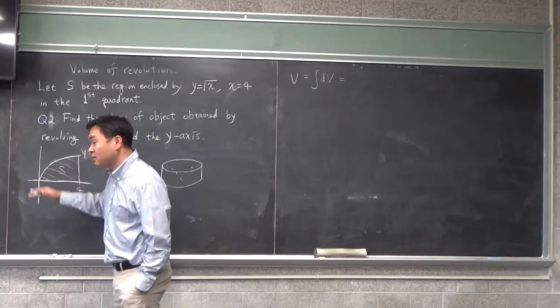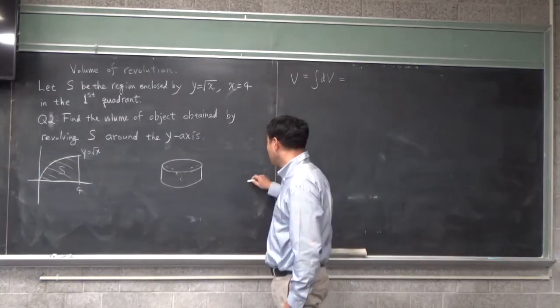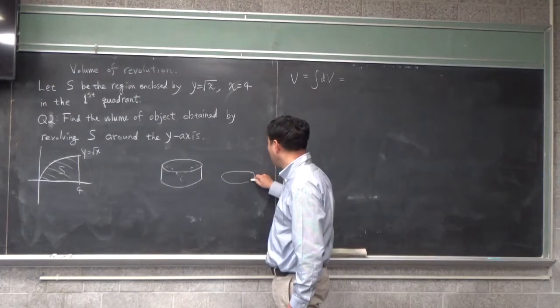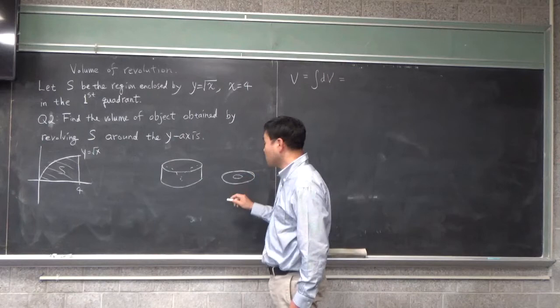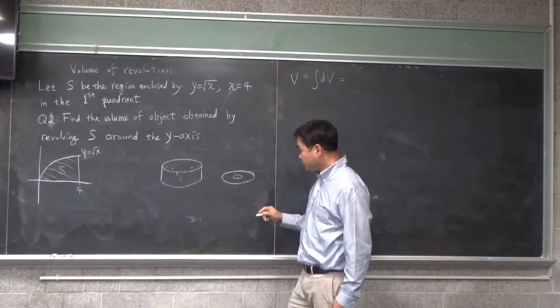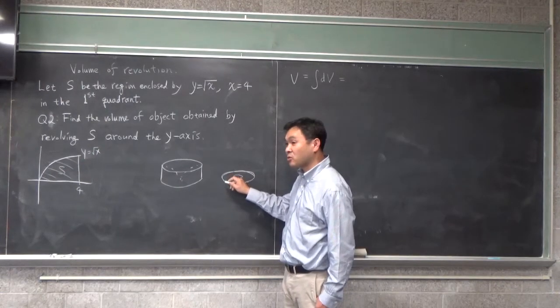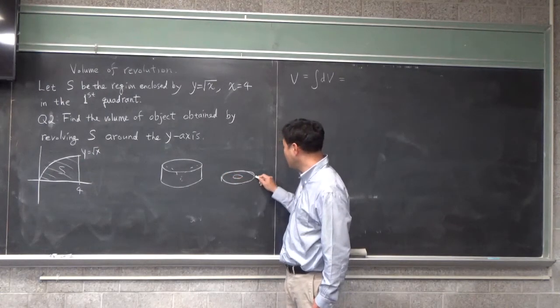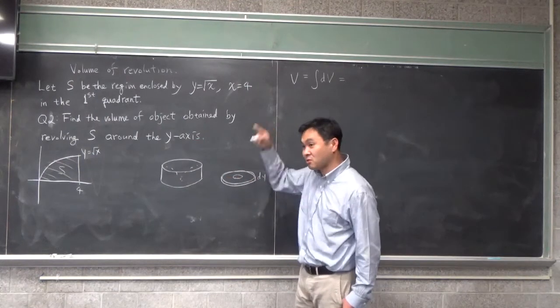If we do that, then the cross sections will look like that, right? What is that called? Washers. Okay. We also know that this should be thickened in which direction? The y direction, dy.